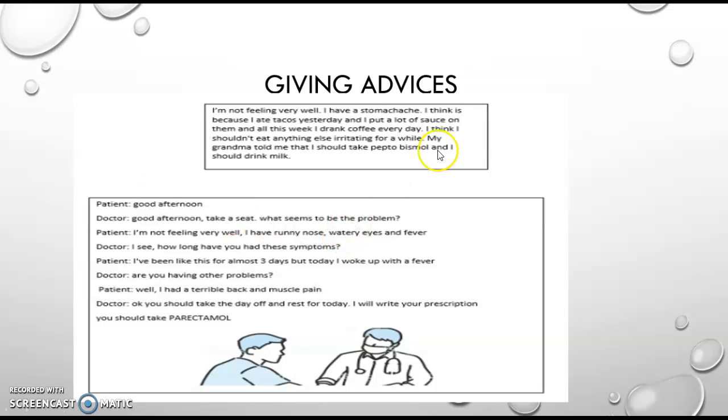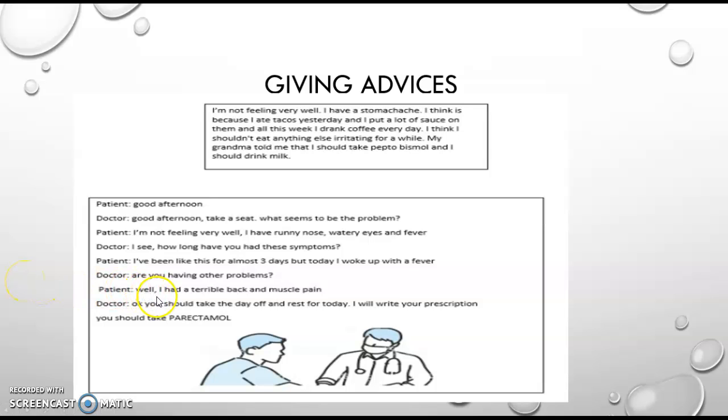So we have here another example about people talking with a doctor. As I said, we can use this for giving advice. In the conversation, the doctor is giving advice.